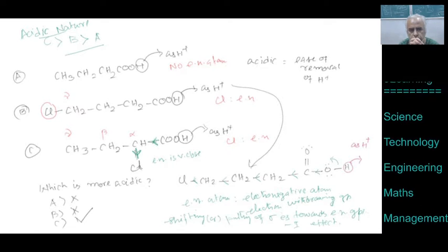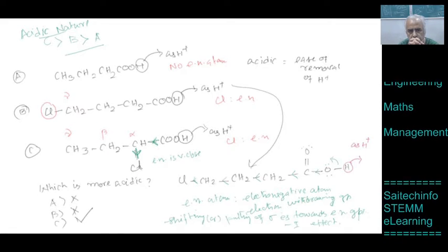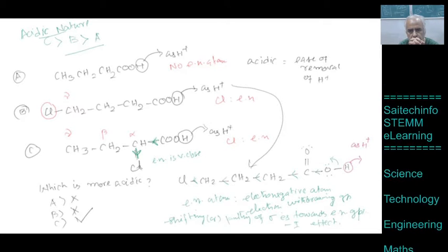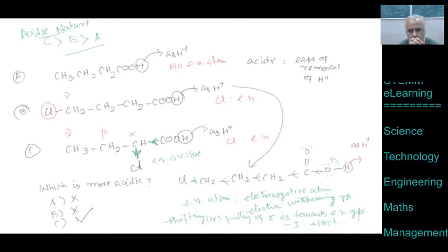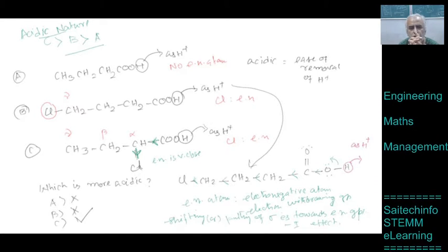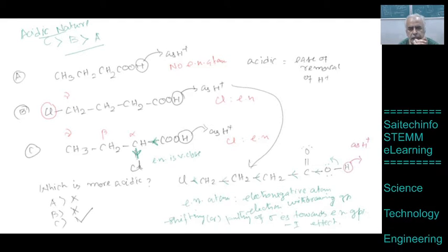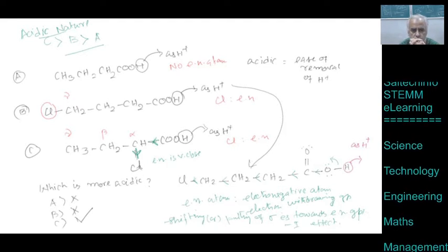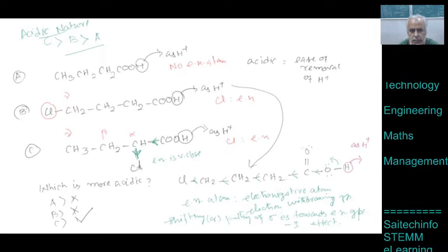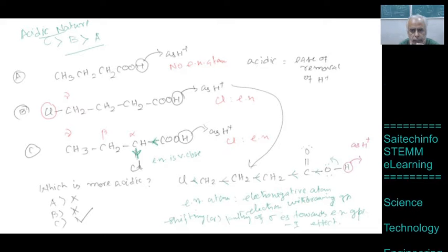So here C is greater than B and B is greater than A. As per the inductive effect, H is removed as H plus. In A there is no electronegative atom, so the tendency to remove H plus is less in the first case A, because there is no chlorine atom.